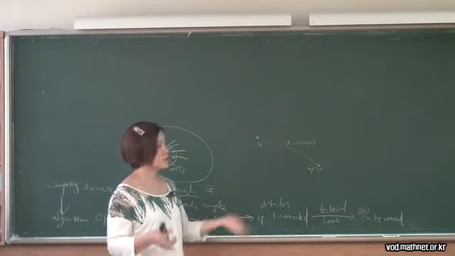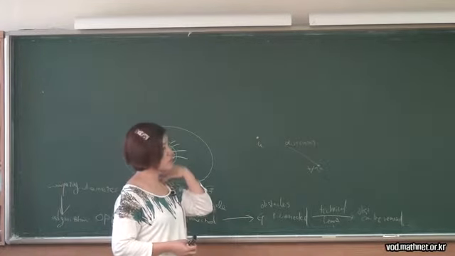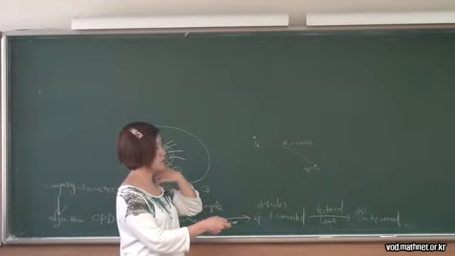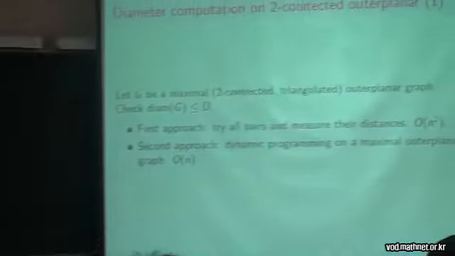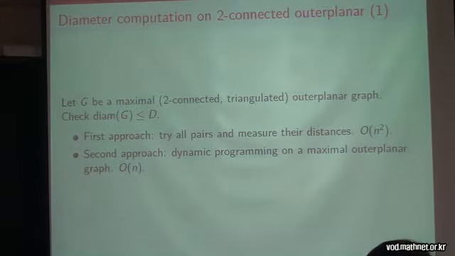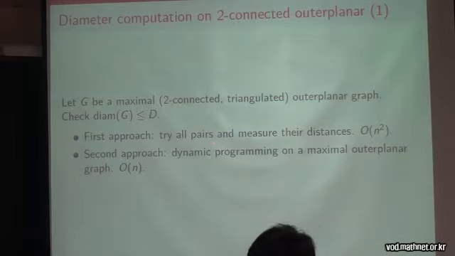So I have a maximal outerplanar graph. I want to compute the diameter, and check whether the diameter is at most some bound. First, a naive way is to try all pairs and compute the distance. You can always compute the distance between two vertices in a graph, so why don't we try all pairs?